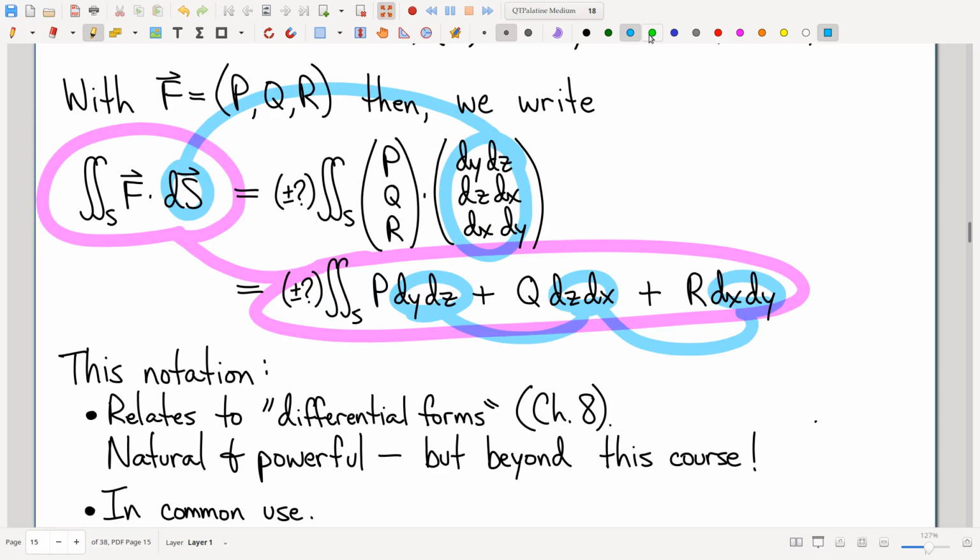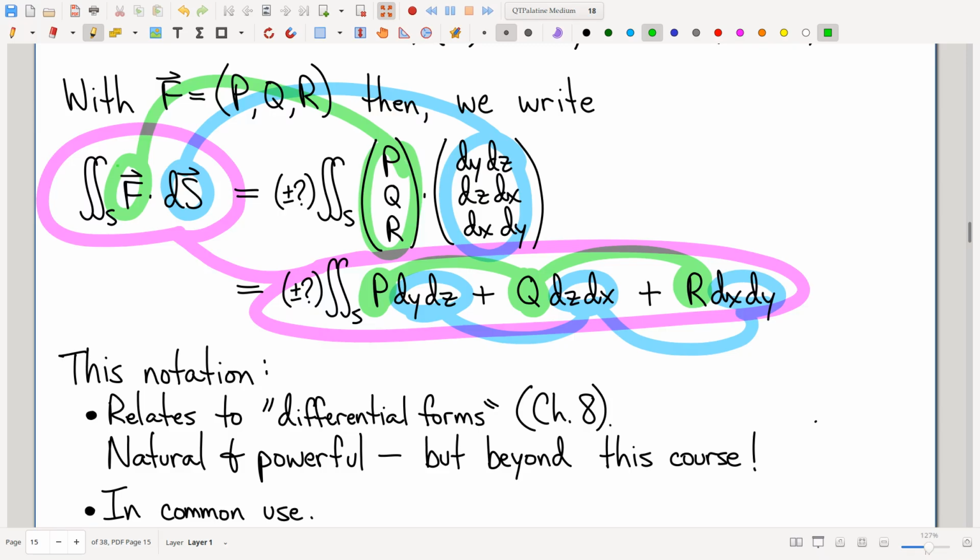And then correspondingly, these coefficients are just telling you what the vector field is that you're taking a flux of. And just make sure that you get these differentials in the right order. Which product of differentials goes with which coordinate has to be exactly like this. So do be careful, heads up. When you see this kind of thing, just reinterpret it, this is what I do anyway, as one of these. It's a vector surface integral.